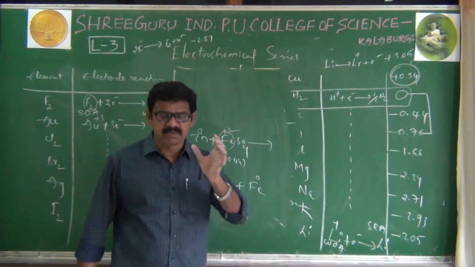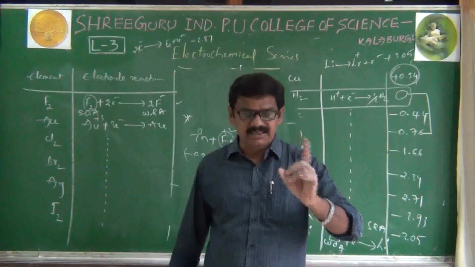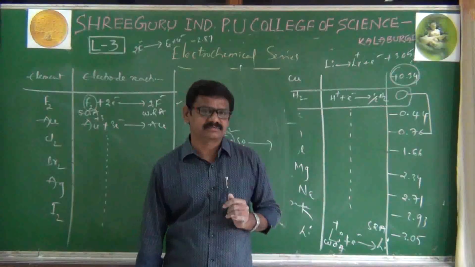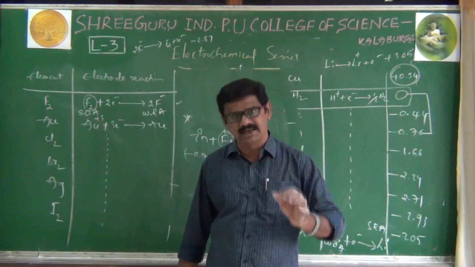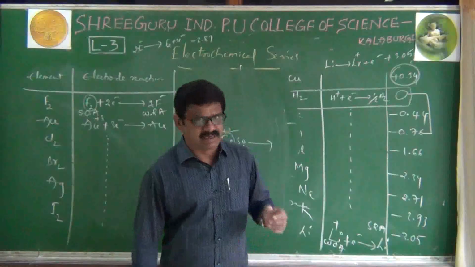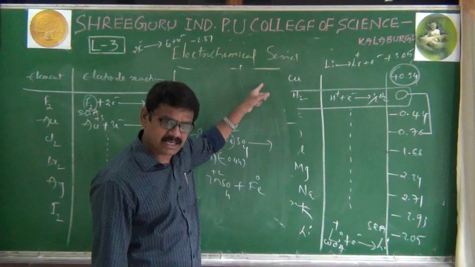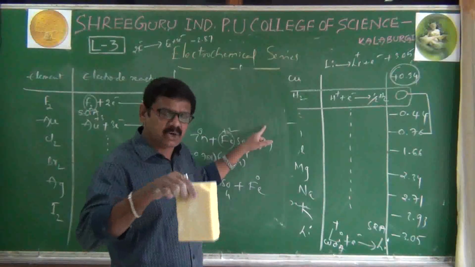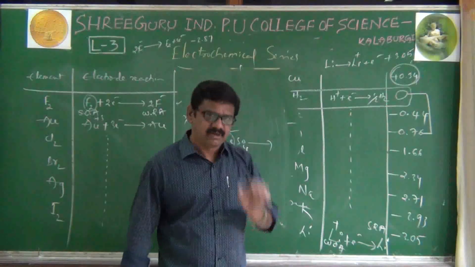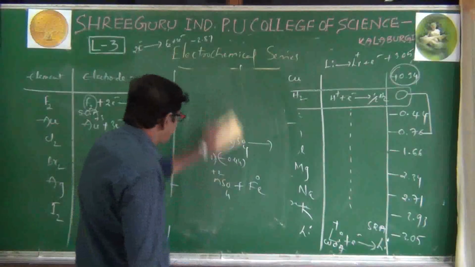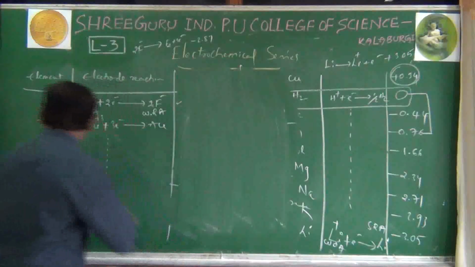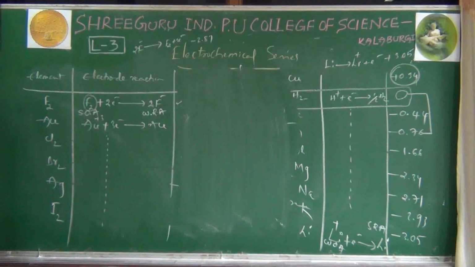But a very important point is, as far as non-metals are concerned, the process is completely reverse. Means an above non-metal can displace a below non-metal from its solution. For example, we'll take chlorine and bromine. Chlorine is the above non-metal, bromine is the below non-metal.